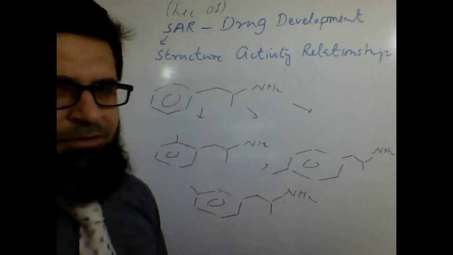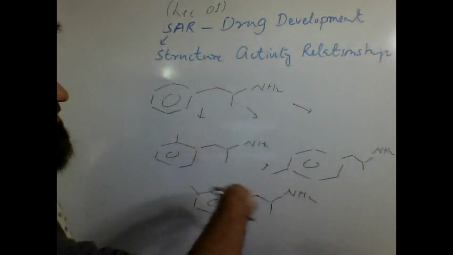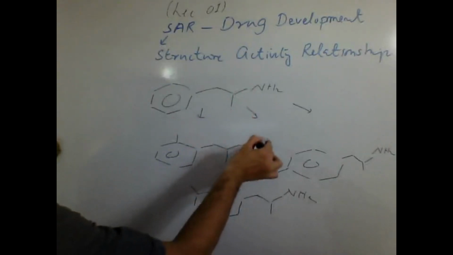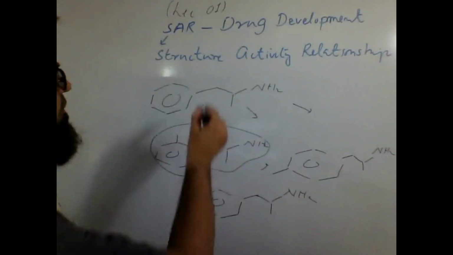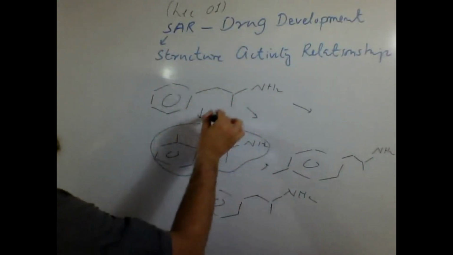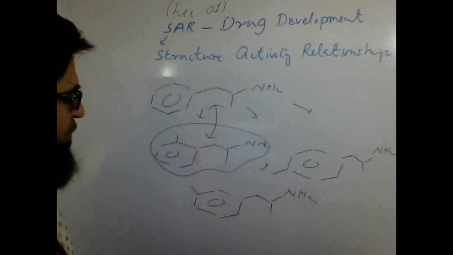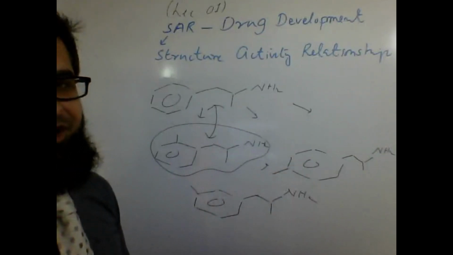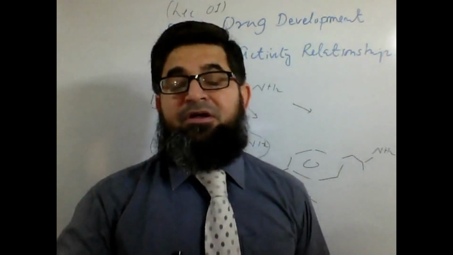The compounds were prepared and they were tested for their CNS stimulant activity. What they observed, the ortho substituted product of the amphetamine shows almost the same activity as the original one. However, the meta and the para substituted amphetamines lost their CNS stimulant activity.